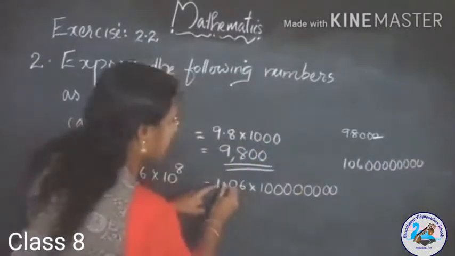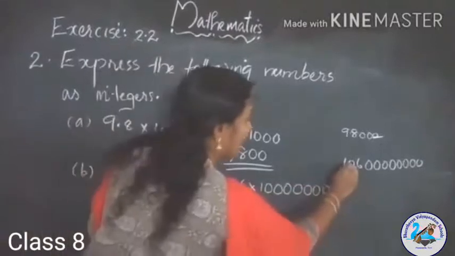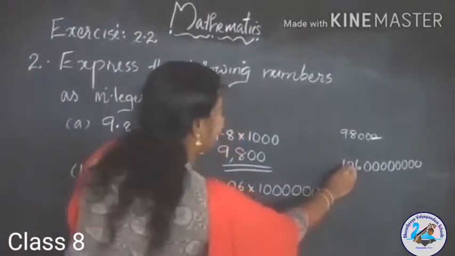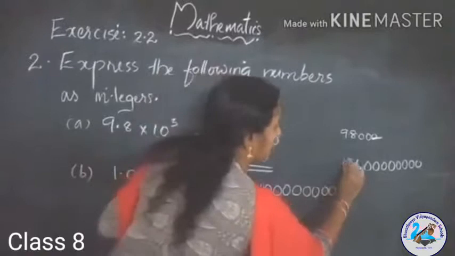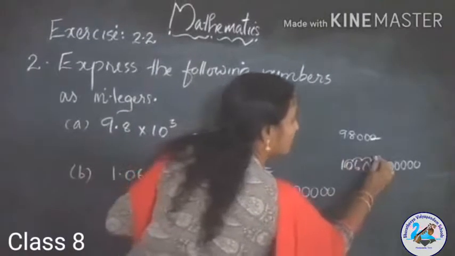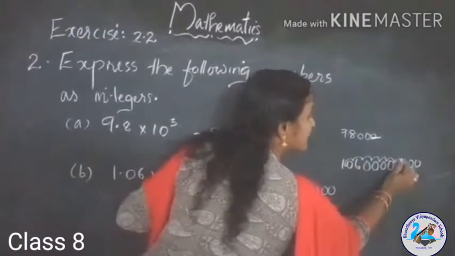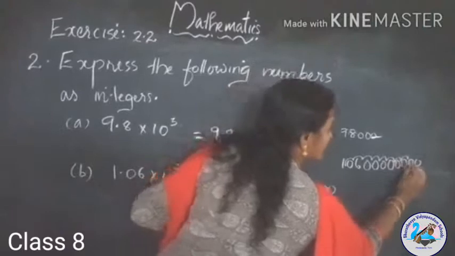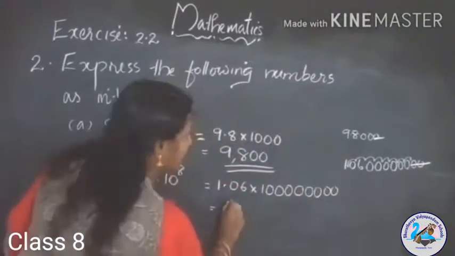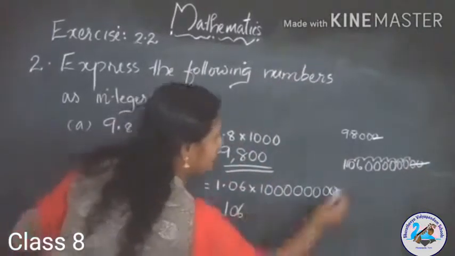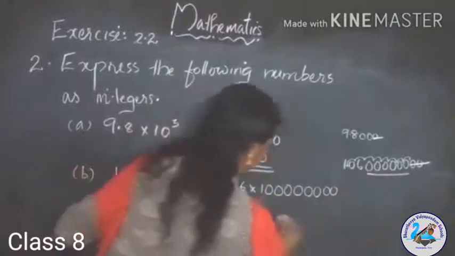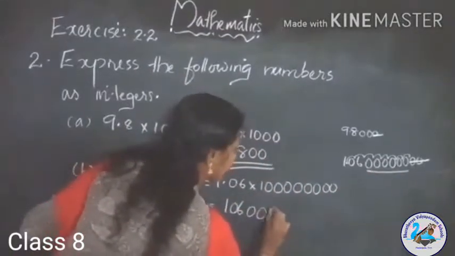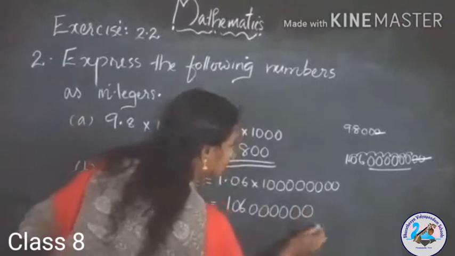Here after the 1 the decimal is there, then after 1 you move 8 places to the right. So 1, 2, 3, 4, 5, 6, 7, 8. So you got that last number. So the answer is 106 followed by how many zeros? 6 zeros. This is the answer.